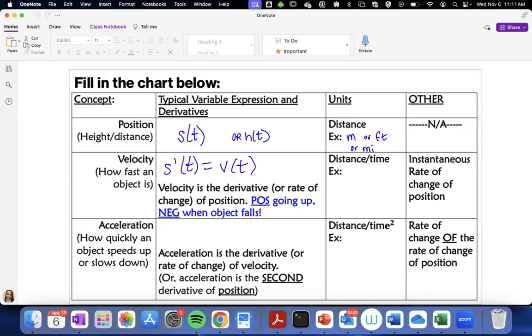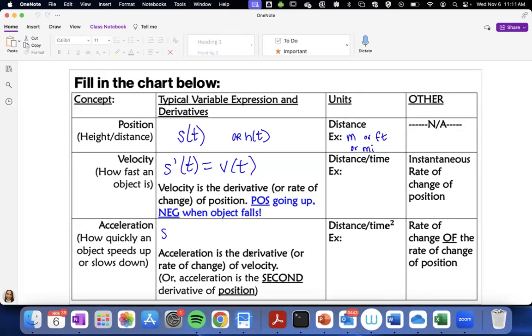And then acceleration is the derivative of velocity. Now watch this, this is interesting. You know how you're excited about saying f double prime, right? We're going to use S double prime, the double derivative. The derivative of velocity was the derivative of position.